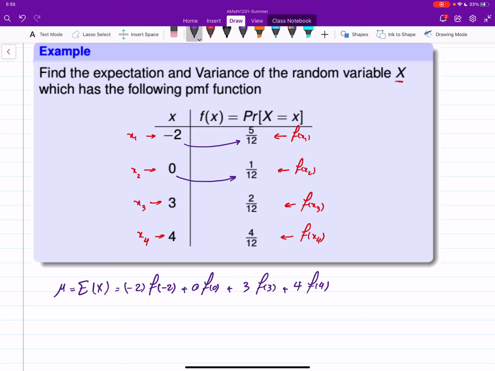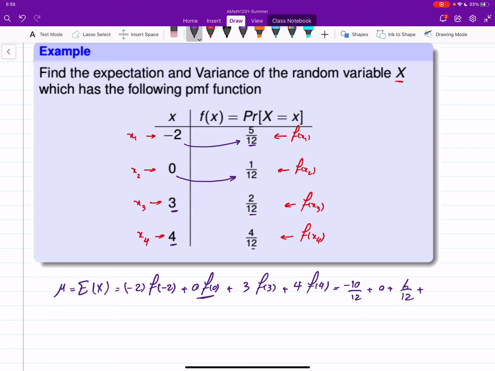Now let's plug in the values there, because f at -2 is 5 over 12. So it will be -10 over 12 plus this guy is 0. Whatever f at 0 is, it will be multiplied by 0. So this one, 3 times 2 over 12, is 6 over 12.